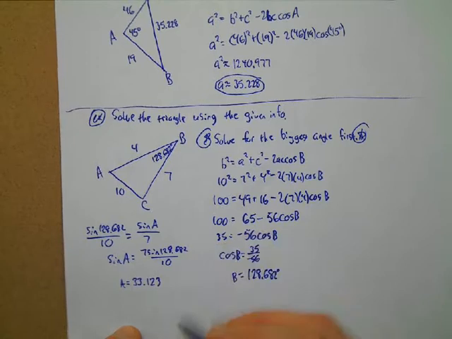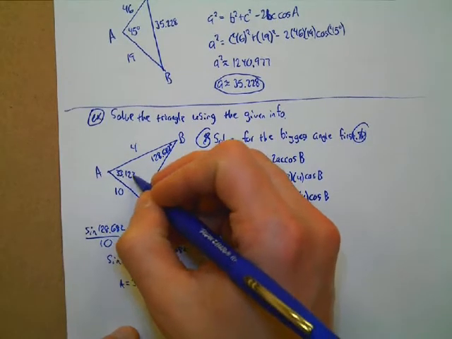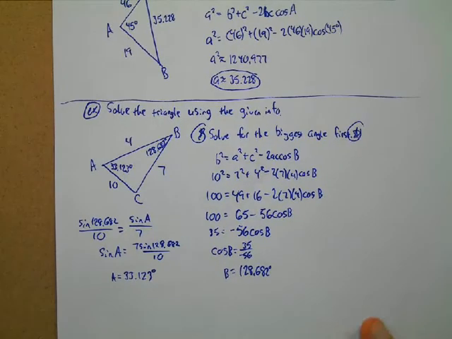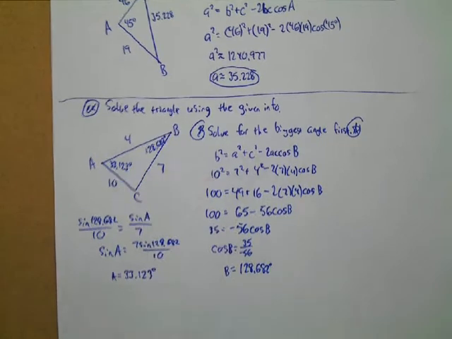No need to check the ambiguous case here, because again, we're guaranteed a unique triangle. And we can find angle C. Should we use law of sines to find angle C? No, we have two angles, so just subtract from 180. So 180 minus 31.123 minus 128.682, and we get 18.195.